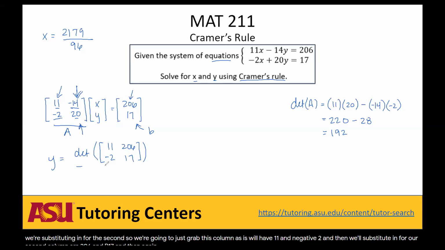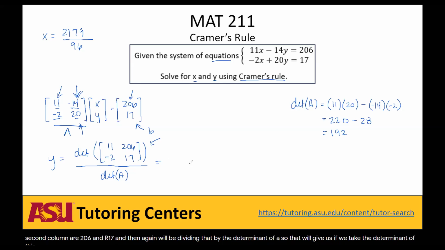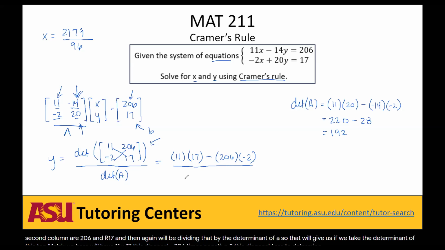And then again, we'll be dividing that by the determinant of A. If we take the determinant of this top matrix, we'll have 11 times 17, this diagonal, minus 206 times -2, this diagonal, divided by our determinant of A, which is 192.